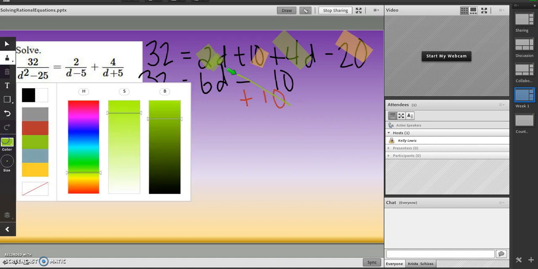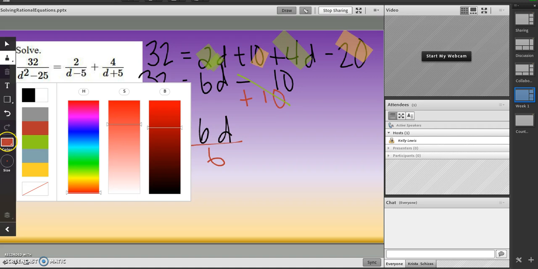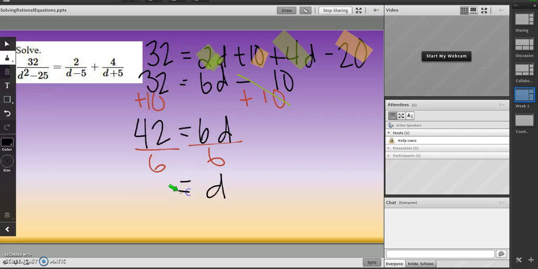So those cancel. And we get 32 plus 10 is 42 equals 6d. We're going to divide by 6. And we get d equals 42 divided by 6 is 7. All right, let's compare that to our domain. Our answer was 7.